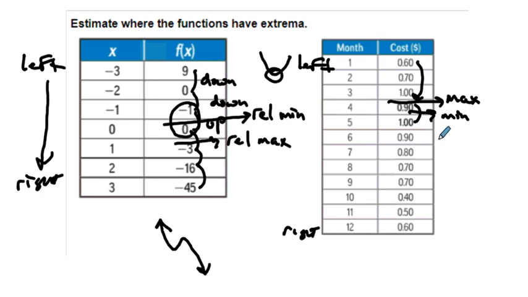I'm not writing relative. Hopefully that's okay with you. And then it starts going down, down, down to this point, and then it looks like it levels off. So we've got a minimum right here, and then it hits this. If it's going down again at some point, then there's a max.